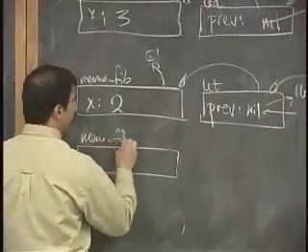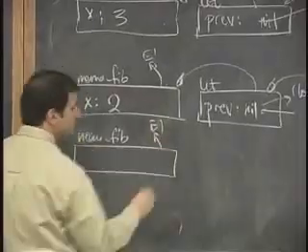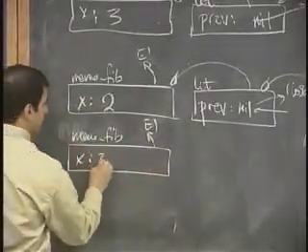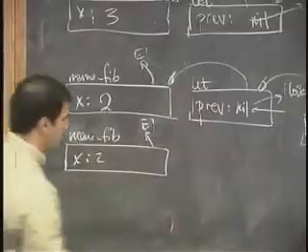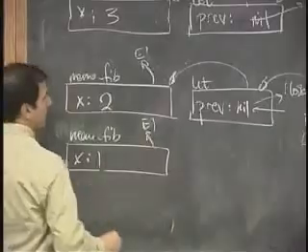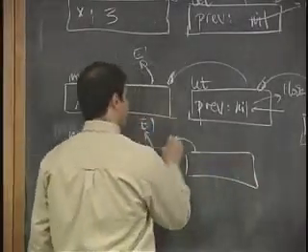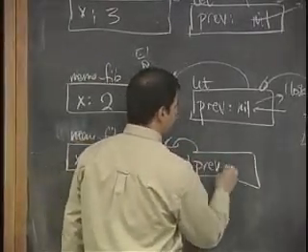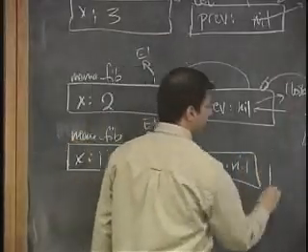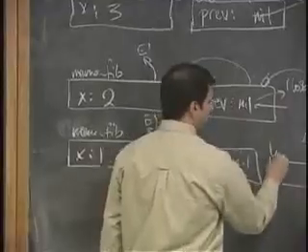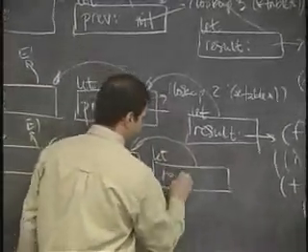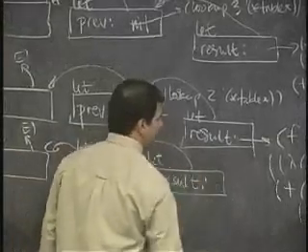Memo fib points to E1. X is 2. Sorry, no, X is 1. And we get another let with a prev, which is a lookup into the table, which is still empty, so returns nil. Therefore, we create another frame of the sublet, which points back here, and a result, which is f on x.